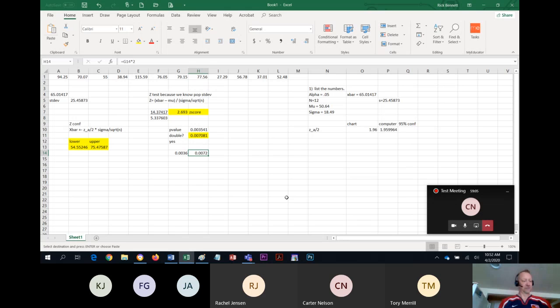Now, let me also ask you this question, okay? So this is based on the hypothesis test. Can you get the same conclusion with the confidence interval?